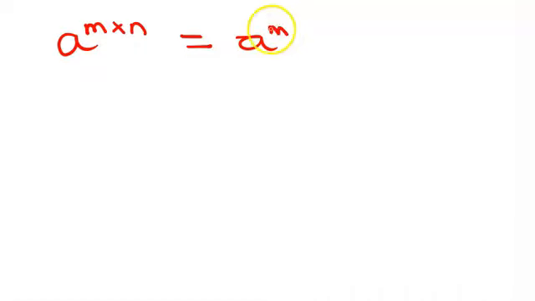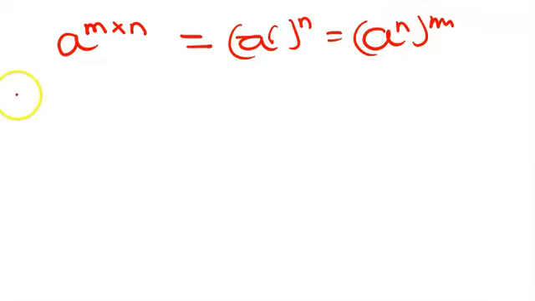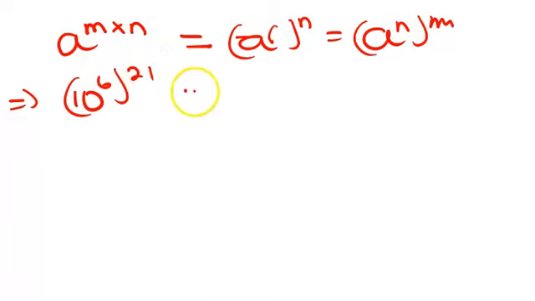So by continuing, if you have a raised to the power m times n, you can write it as a raised to the power m, all raised to the power n, which is equal to a raised to the power n, all raised to the power m. So the equation becomes 10 raised to the power 6, all raised to the power 21, which is equal to n raised to the power 21.